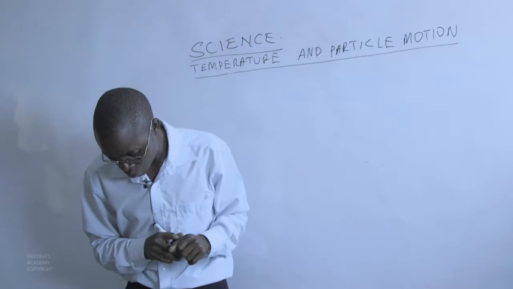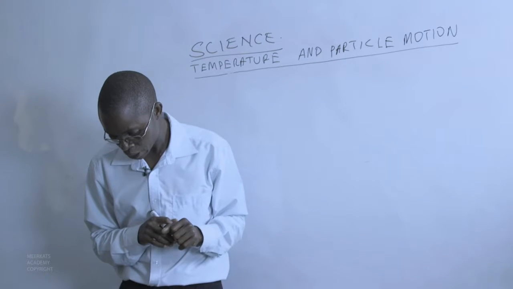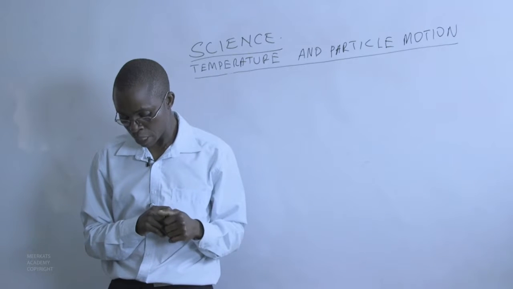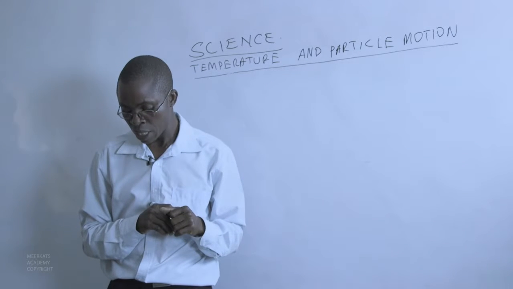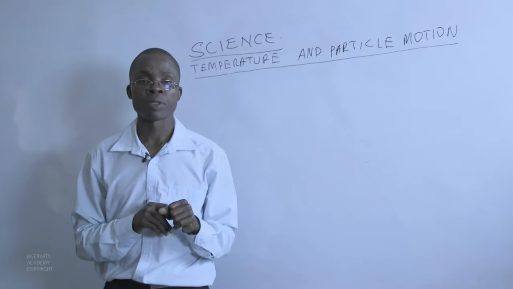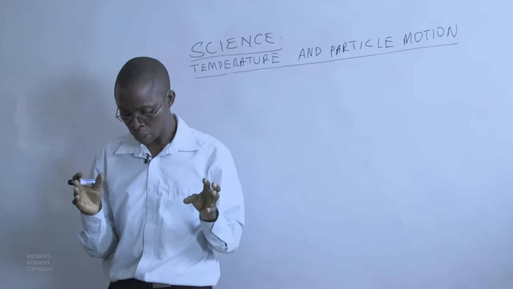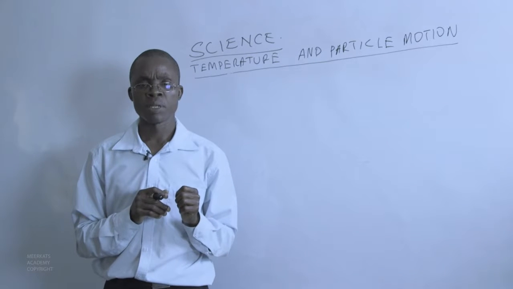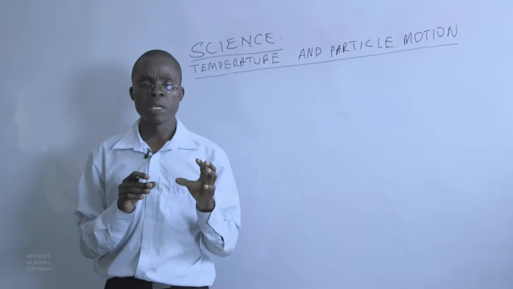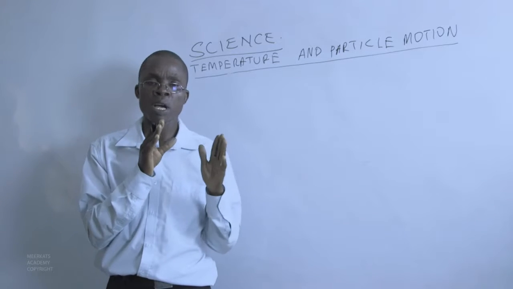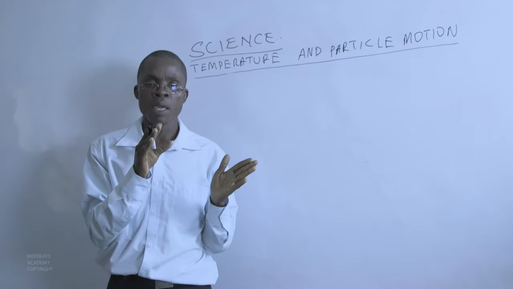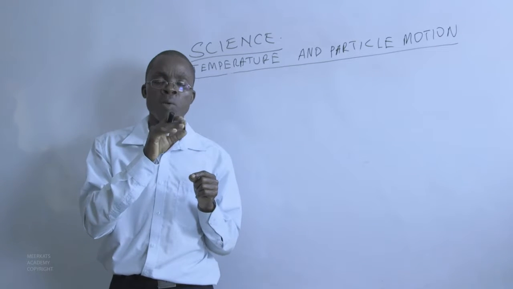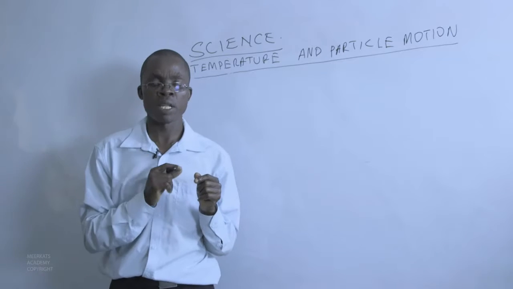The next one is: particles in gases are dash held together. So we are talking about particles in gas. How are they held together? We just said all particles must have a force in between them, the difference being the strength. So particles in a gas are the ones that are weakly held together.